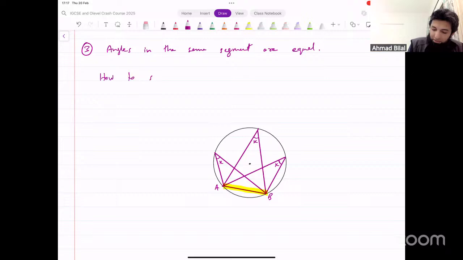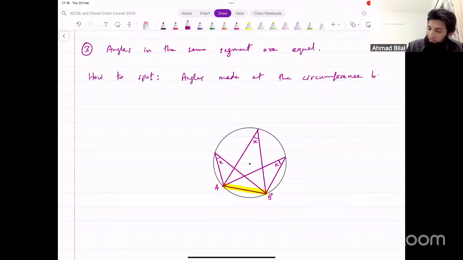How do you spot this? You have angles or lines coming, angles made at the circumference by the endpoints of a chord.